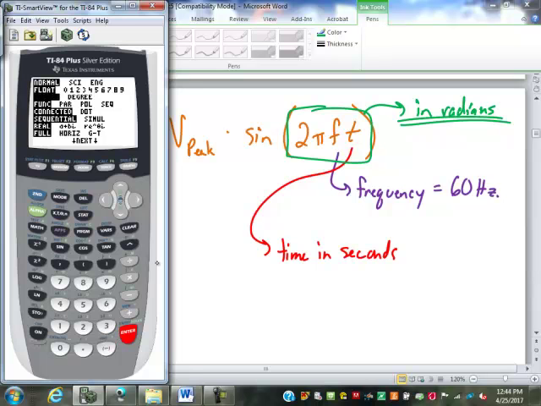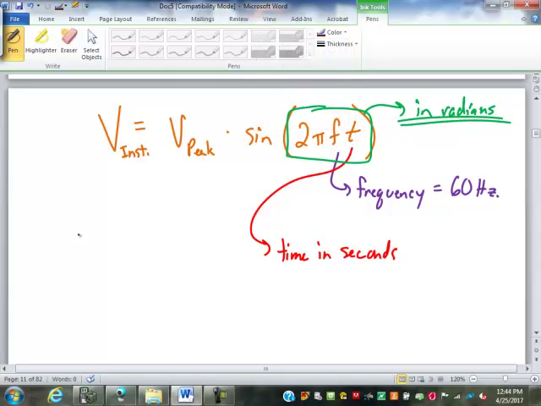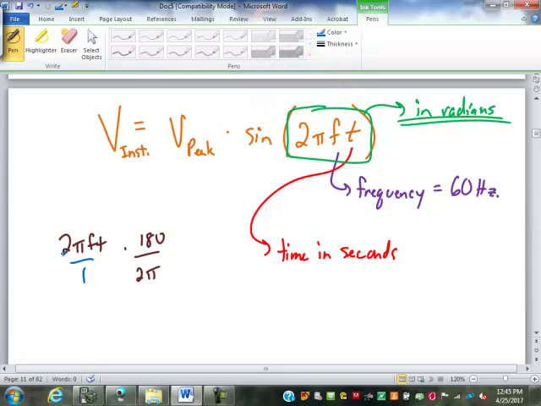Or convert it? Okay. If you were going to convert it, you know that 2 pi radians equals 180 degrees. So you get 2 pi ft times 180 over 2 pi. The 2 pi's cancel out. It's 180 ft. So that would go in here.